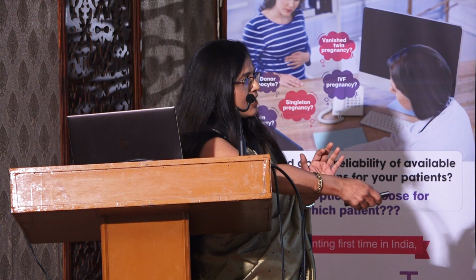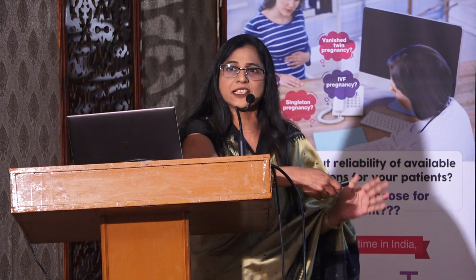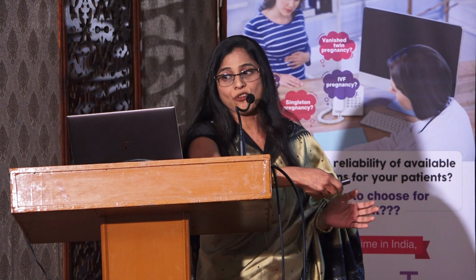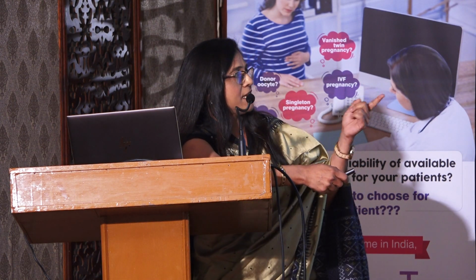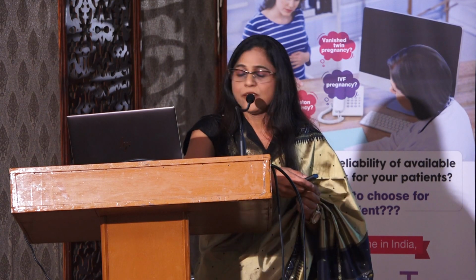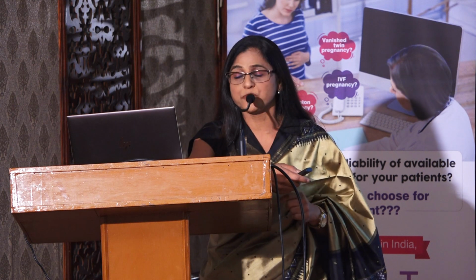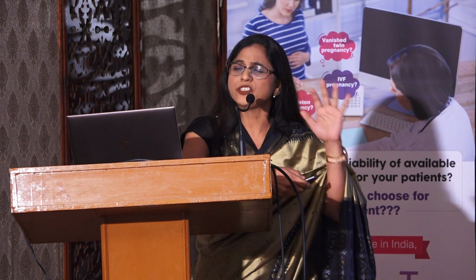I wish it was just a straight line like the one shown below, from suspecting a genetic disorder to reaching a diagnosis. But unfortunately, it is not so. It is very complicated, as seen above, and therefore we are all entangled somewhere in between, from suspicion to diagnosis. So, which are the common genetic problems?